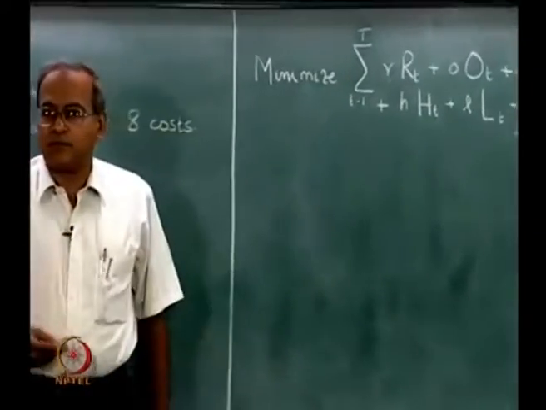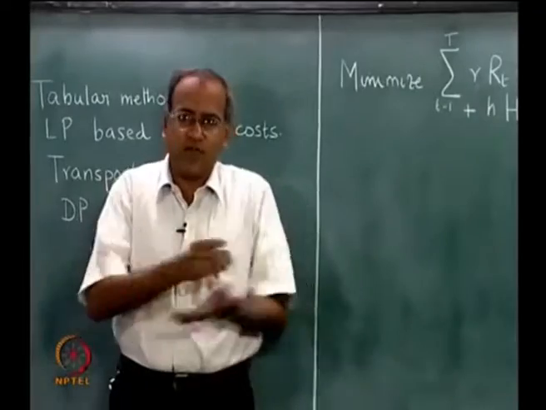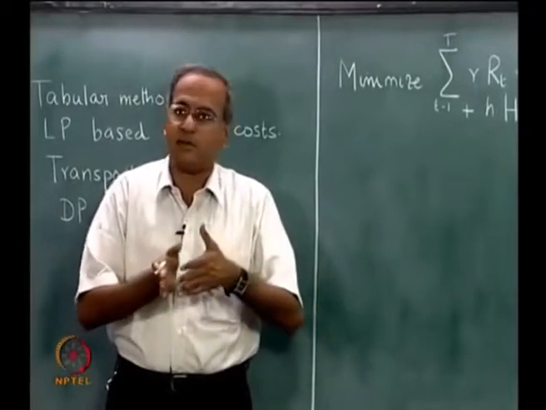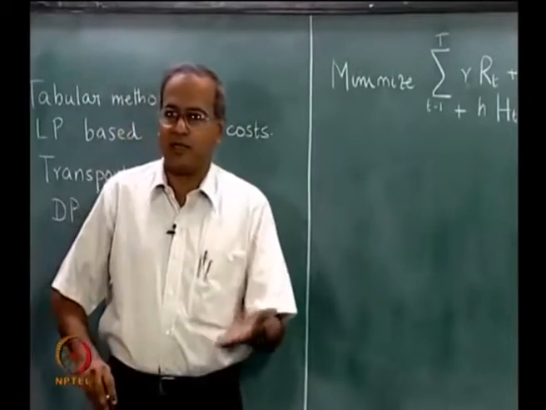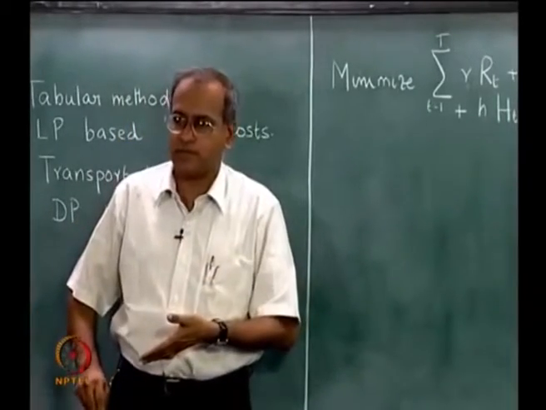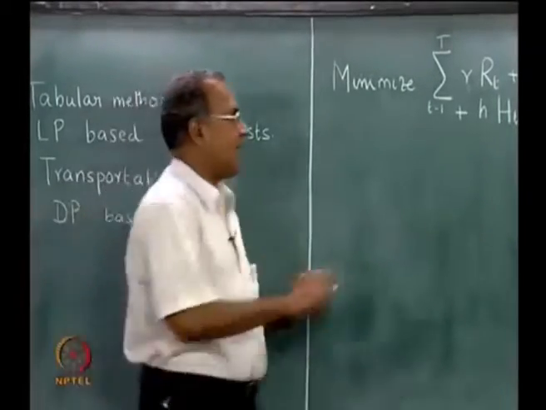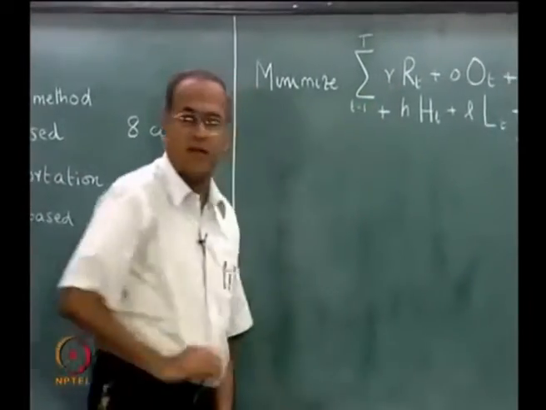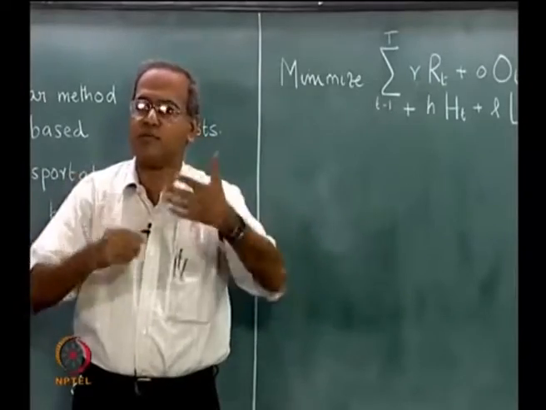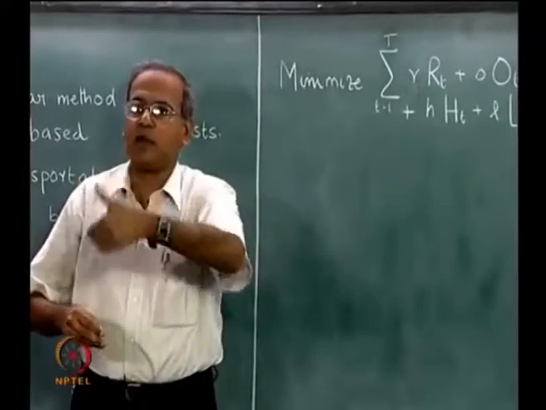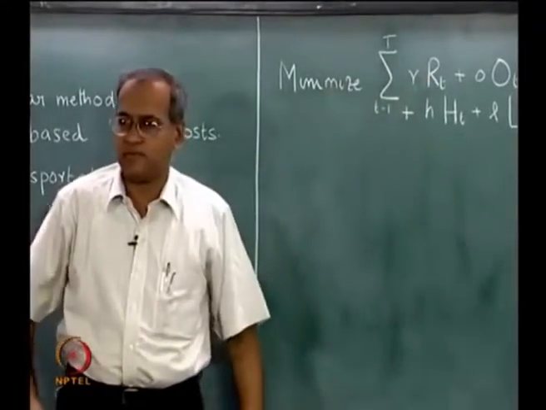But in practice, we also know that every cost, particularly in production related situations, there is a fixed component and then there is a variable component. So if we start writing this R itself as having two components, something of the form say R0 plus R1 into R_t.